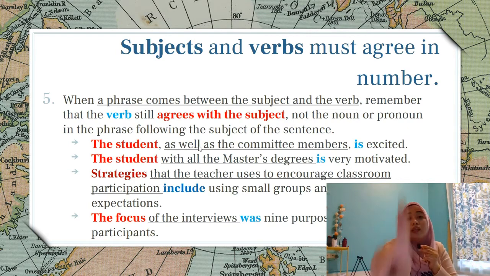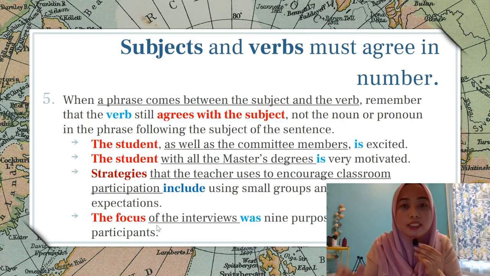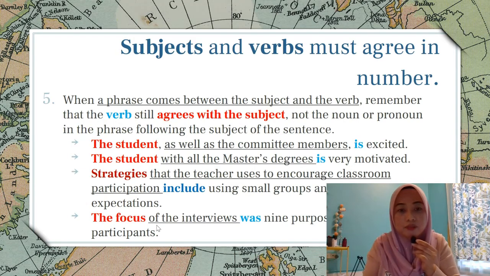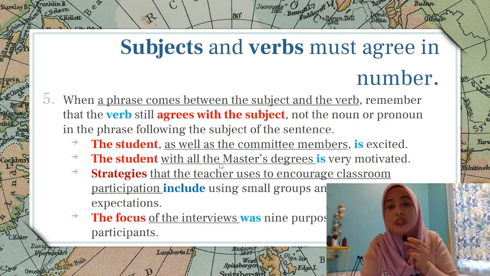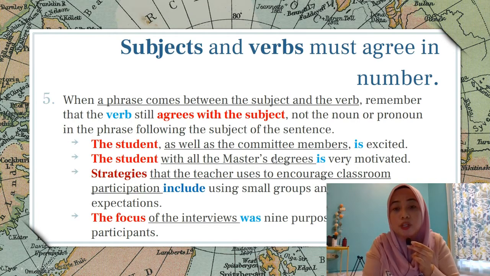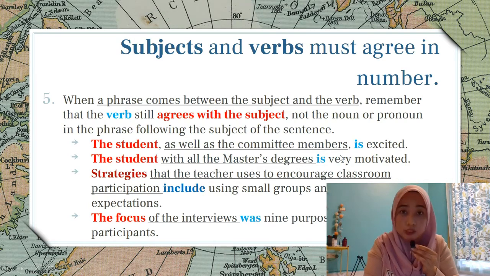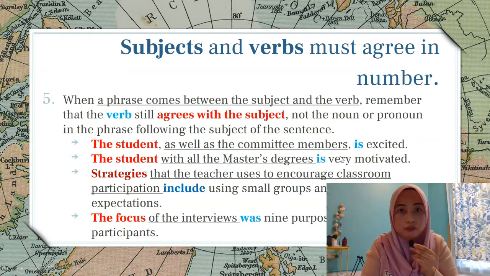So the student is singular, hence the verb that you're supposed to use is "is". If you have a phrase, a string of words, in between the subject and the verb, like the student with the master's degree, we're not looking at the master's degree, we're looking at the student only. So the verb should be singular: is very motivated.